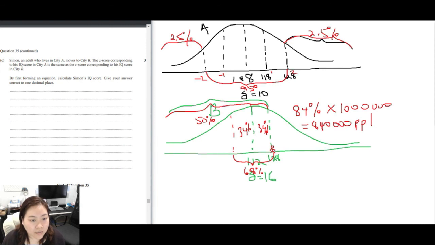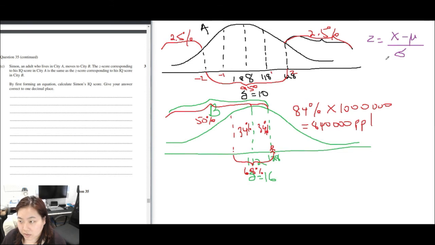Question C. Simon, an adult who lives in city A, moves to city B. The Z-score corresponding to his IQ score in city A is the same as the Z-score in city B. By first forming an equation, calculate his IQ score, giving your answer correct to 1 decimal place.